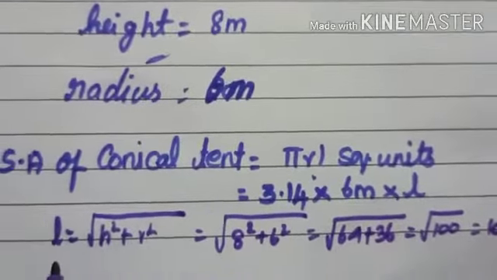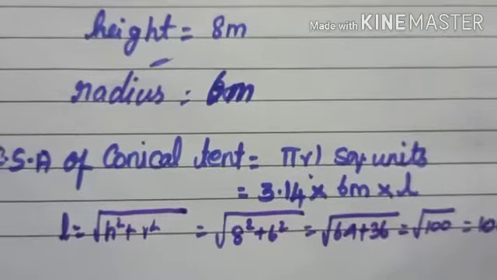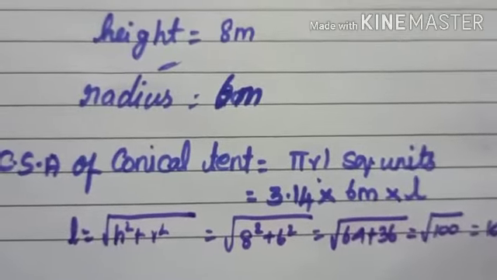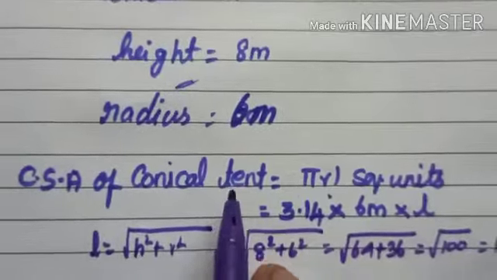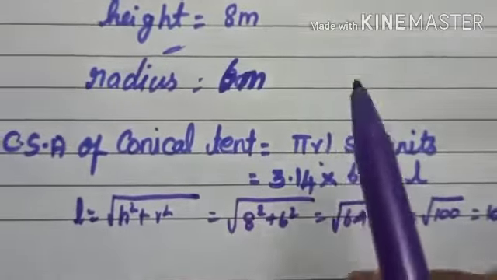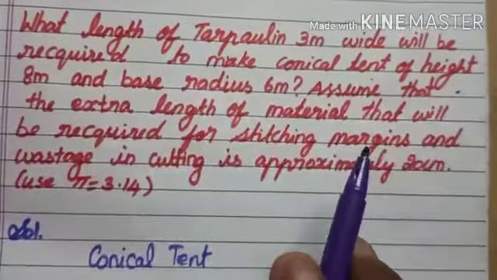So the slant height is 10 meter. Now you need to find the CSA of the conical tent, then divide by 3 to get the required length, and add the 20 to get the total required tarpaulin.